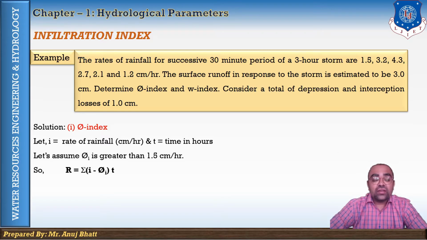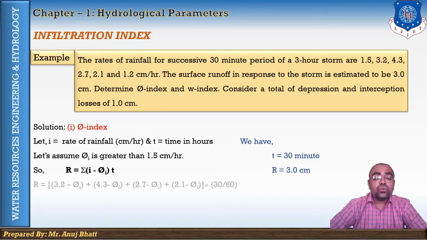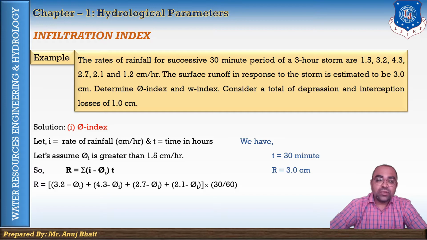Well, we have a formula: runoff R is equal to sigma (I minus phi index) into T. So let's substitute the values. R is equal to 3 centimeter and T is equal to 30 minute. We have to convert this 30 minute into hour. So by substituting all these values, we have R is equal to (3.2 minus phi) plus (4.3 minus phi) plus (2.7 minus phi) plus (2.1 minus phi), because we have assumed that phi index is greater than 1.5.